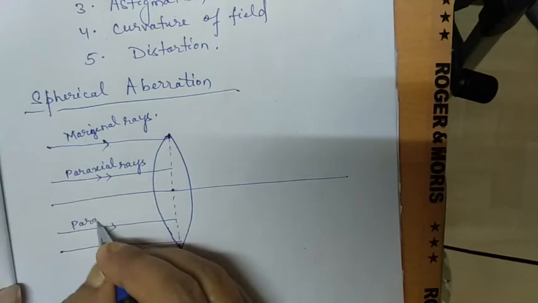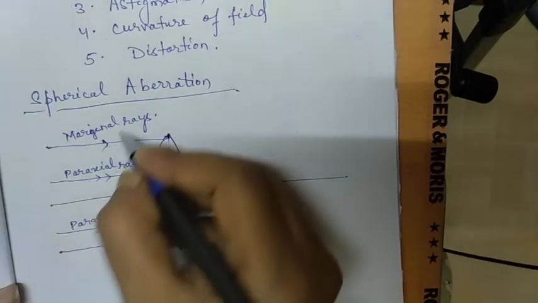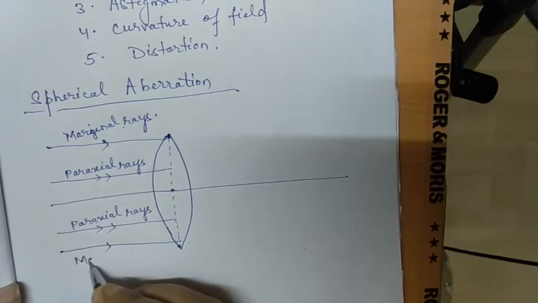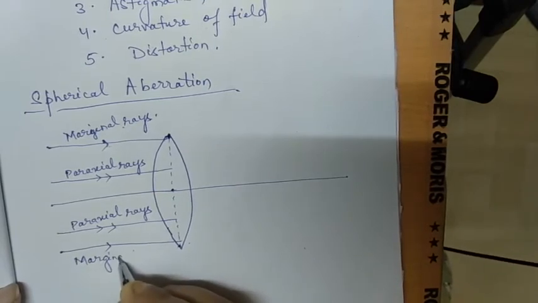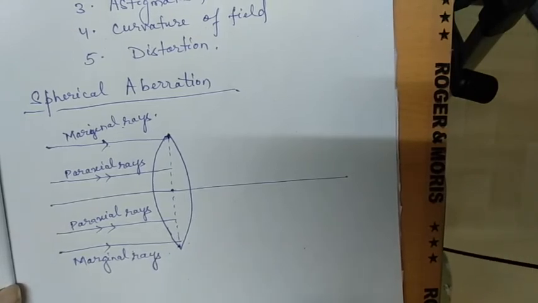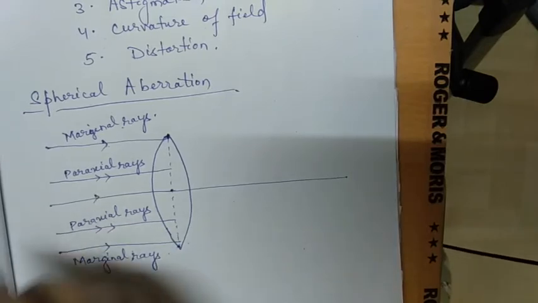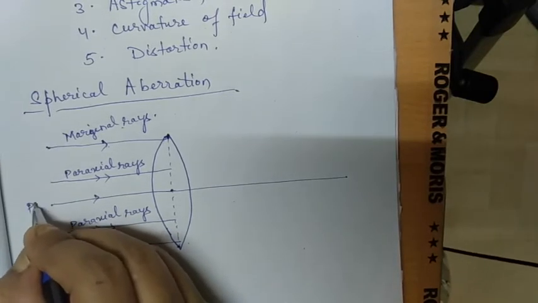These are all your paraxial rays, and these 2 rays are your marginal rays. And this is the principal axis.